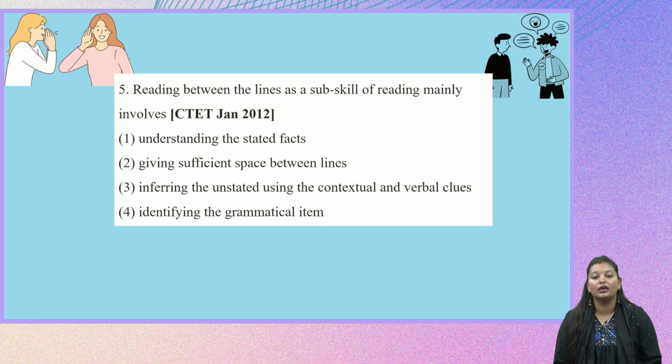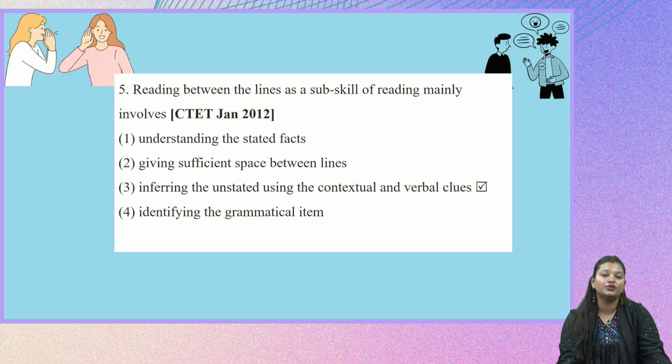It is not talking about the sub-skill which involves the learner actually understanding and inferring what is not directly said in the text. It does not talk about identifying the grammatical item alone. So the right answer here would be for the children to infer the unstated using the contextual and verbal clues. The third option is the right answer.